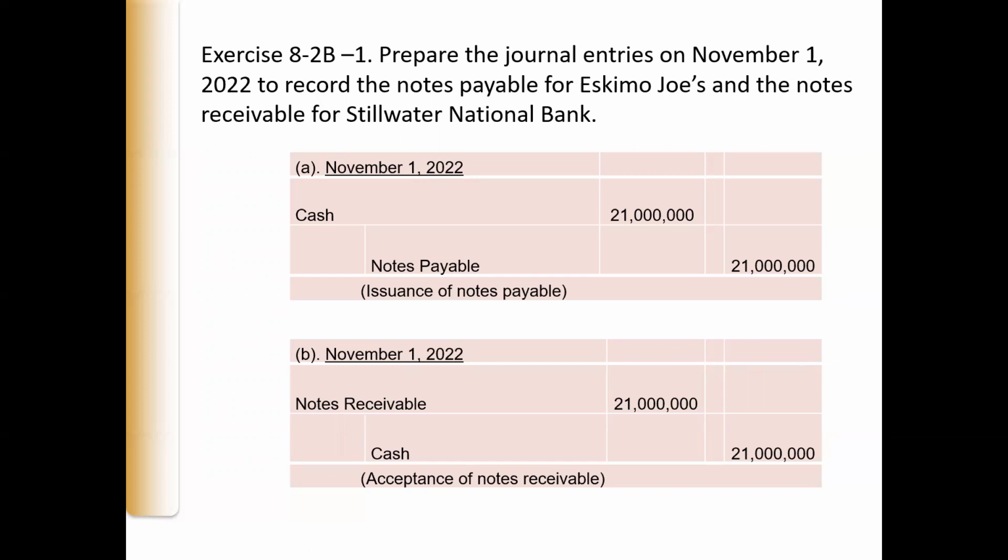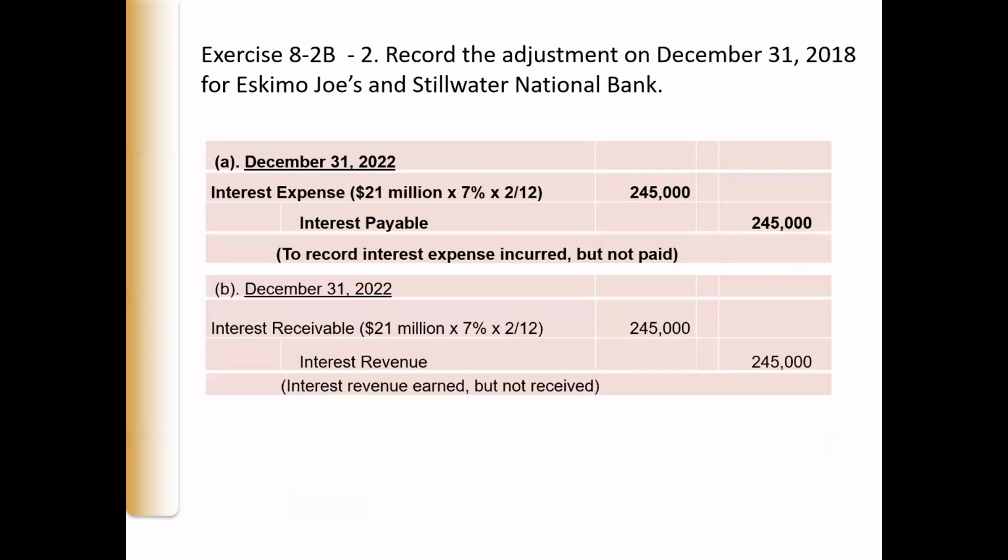Now, in December, we have to show the interest that's accrued. For Eskimo Joe's, it's going to be interest expense and a credit to interest payable. It's 2 months we're accruing for.